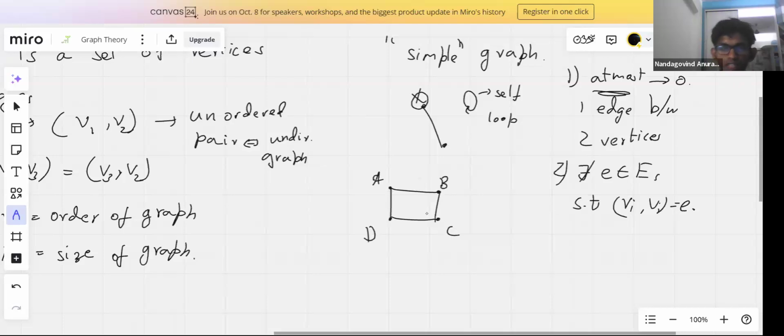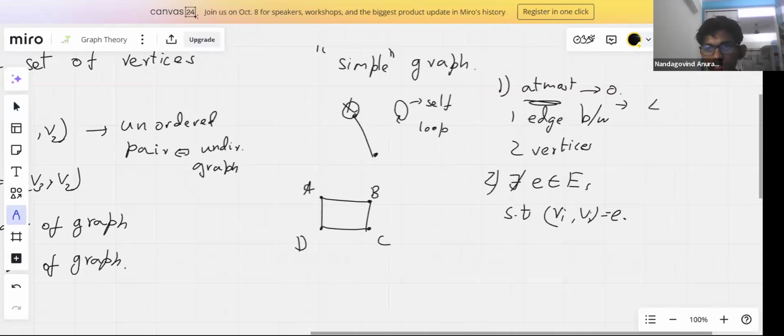Between A and C, for example, there's 0, which is less than one. By at most, I mean less than or equal to one edge. So 0 is valid and 1 is valid, but you can't have two or three edges between A and B. Does that make sense?